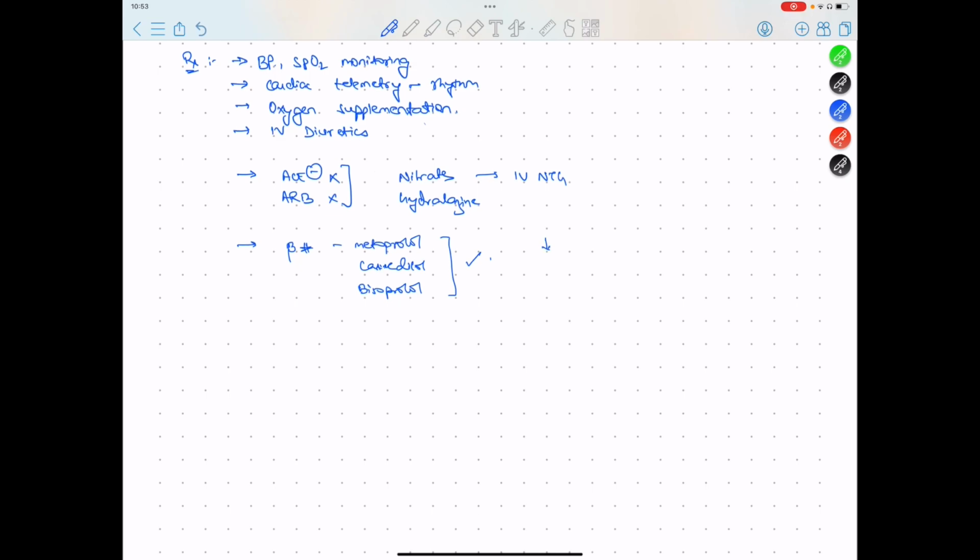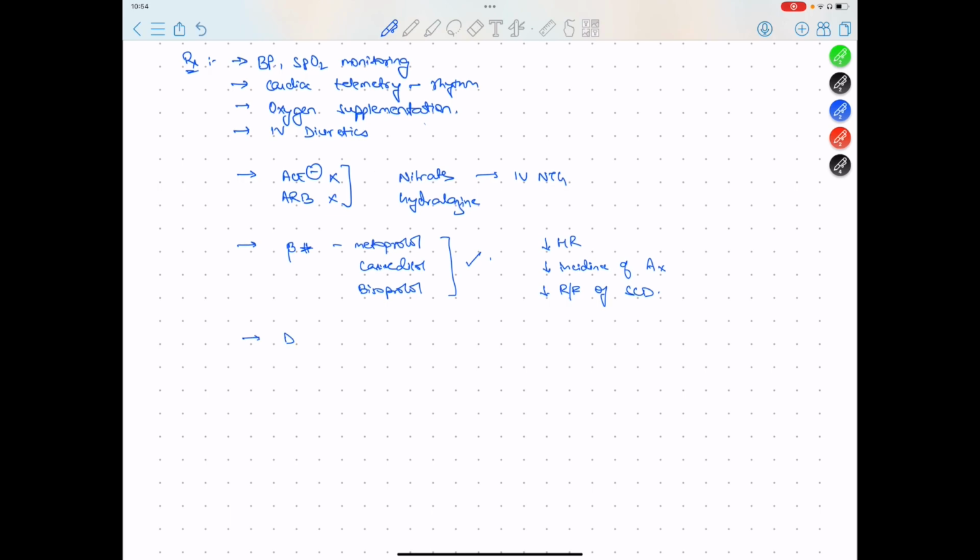These decrease the heart rate, decrease the incidence of arrhythmia, and decrease the risk of sudden cardiac death. So beta blockers have a lot of importance in peripartum cardiomyopathy.